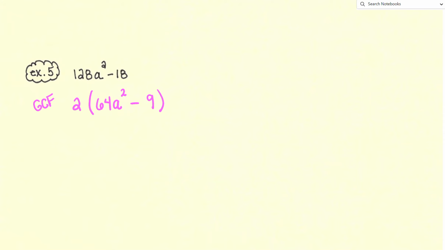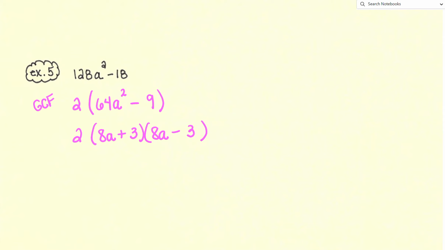And now I notice I do have a difference of 2 squares. So sometimes you got to factor something out. So bring down your 2, then your double parentheses, and then to get 64, that's 8a times 8a. What do we square to get 9? Well, that's 3 and 3, and I need a plus, and I need a minus.